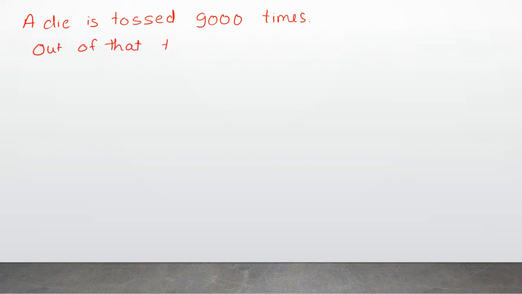Now I'll just try to solve one example. Suppose a die is tossed 9,000 times, and out of that total, 3,600 times we get a 3 or a 4.